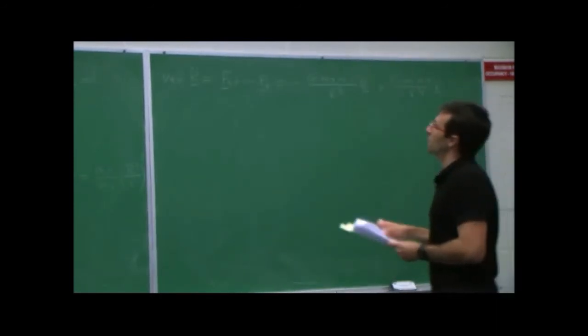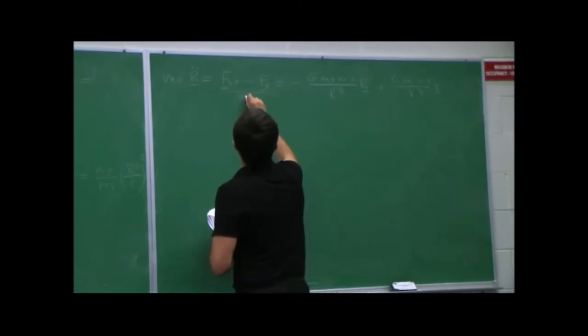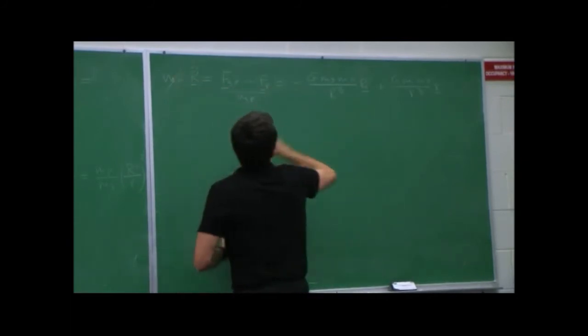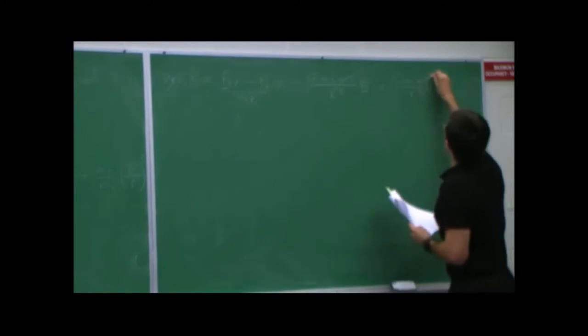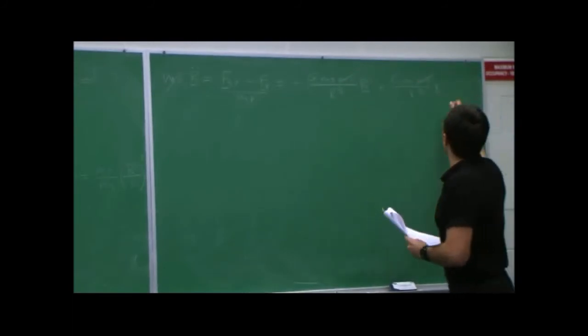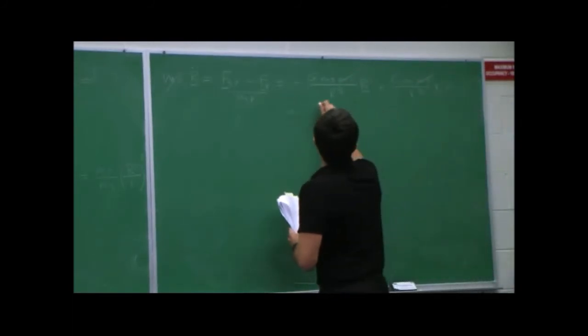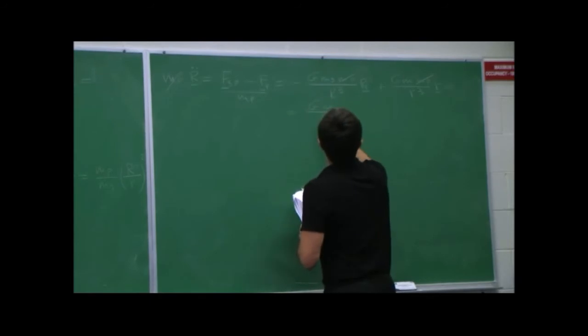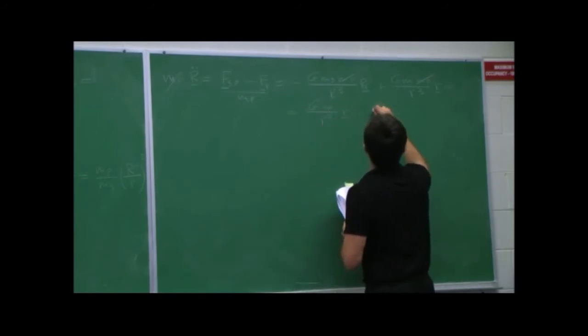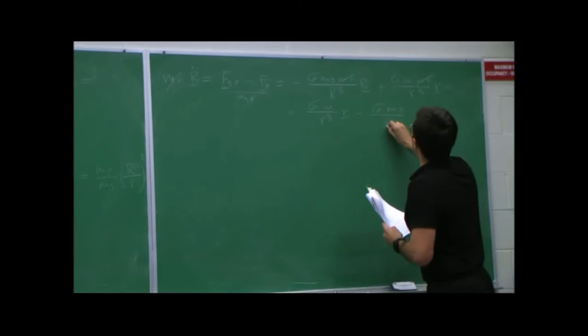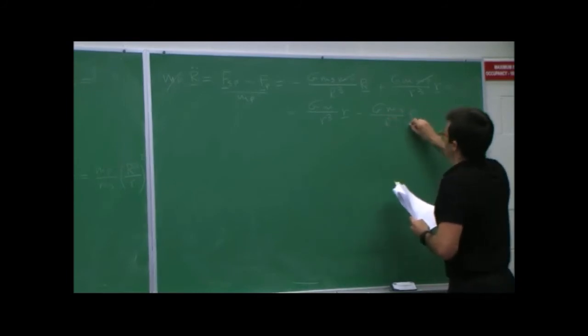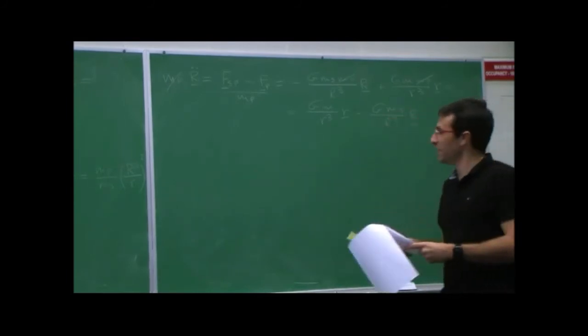All right. I'm going to do the same I did with the other equation. Divide by the mass, divide by the mass, divide by the mass, and that's what I have: G m over r cubed, little r, minus G m_s over big R cubed, big R. That's fine.